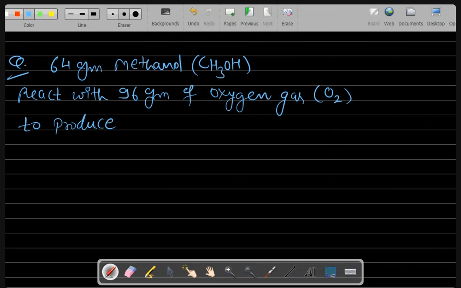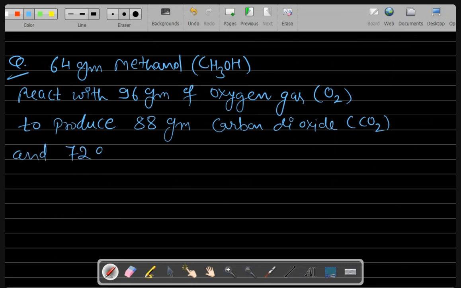To produce 88 gram carbon dioxide, and 72 gram of water.